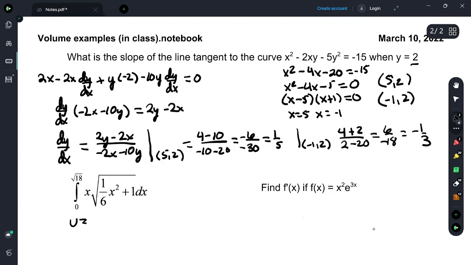Here, let's let u equal 1/6 x squared plus 1. So du is 1/3 x dx. Do we have 1/3? No, we don't have 1/3. We need 3. 3 du equals x dx.